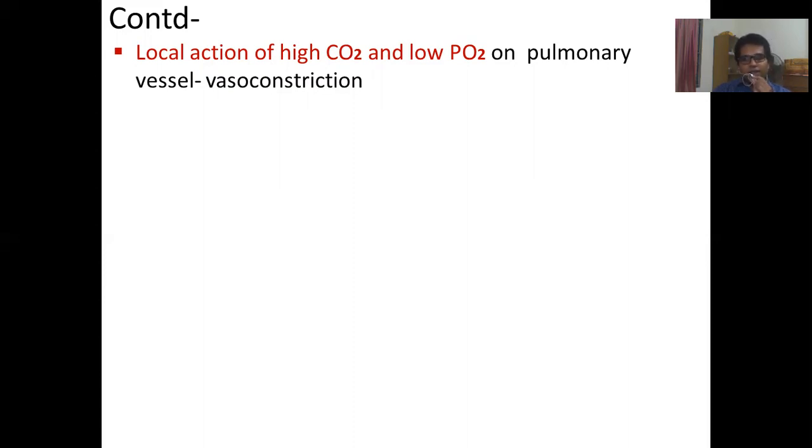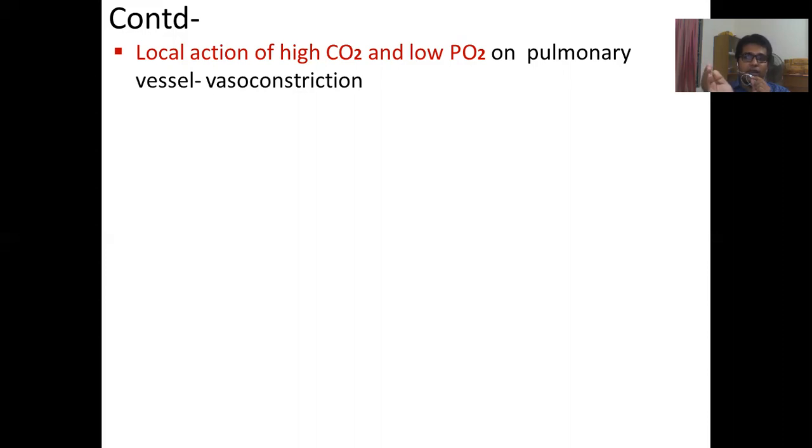The actual mechanism is that the arterioles of the pulmonary circulation, the arteriolar smooth muscle, contain some hypoxia sensitive potassium channels. So during hypoxia, these hypoxia sensitive potassium channels become closed. So what will happen?